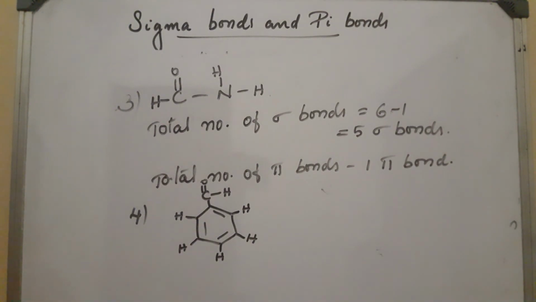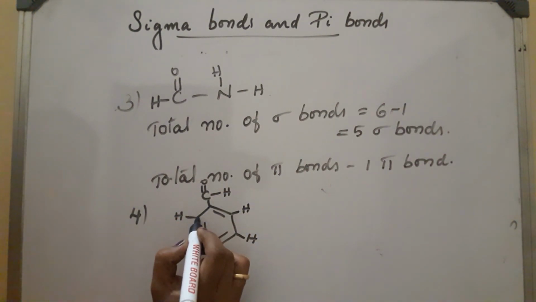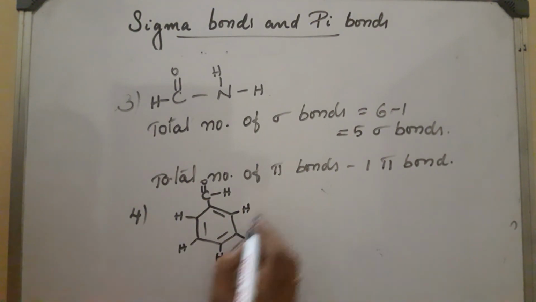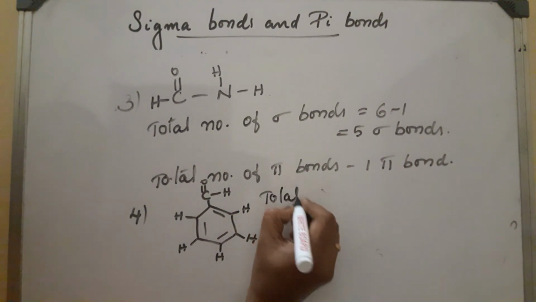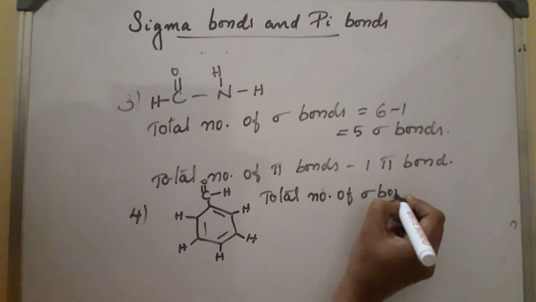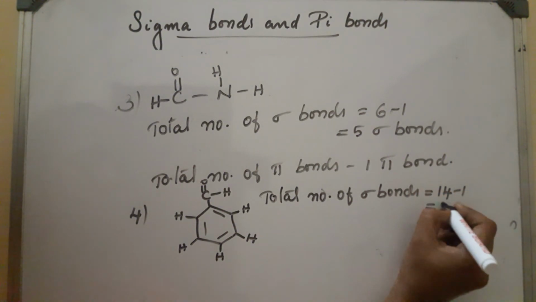How many atoms are there? 1, 2, 3, 4, 5, 6, 7, 8, 9, 10, 11, 12, 13, 14. So, total number of sigma bonds equals 14 minus 1, that is equal to 13.